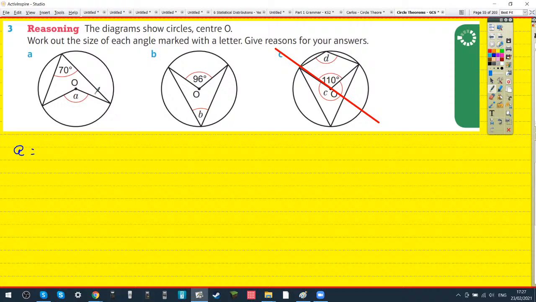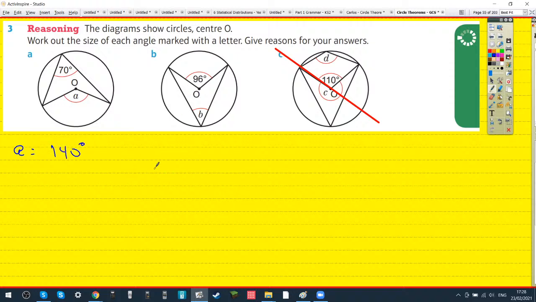The angle at the center is twice the angle at the circumference. So it's 140. Yeah. 104 degrees.